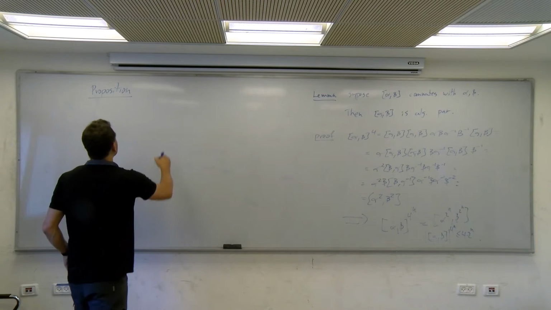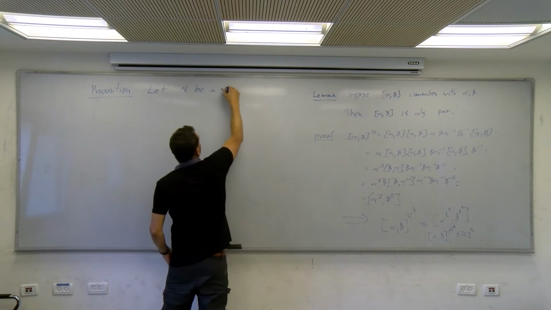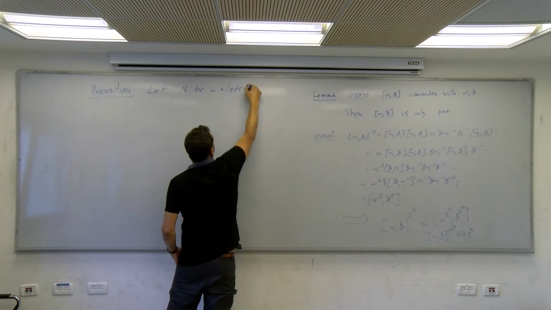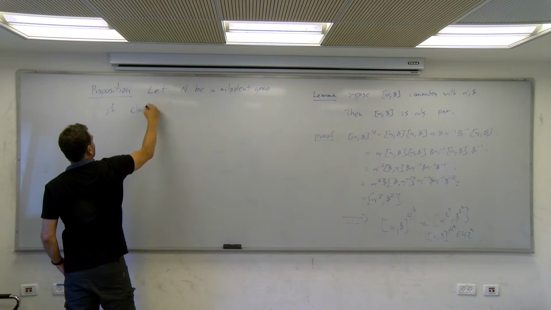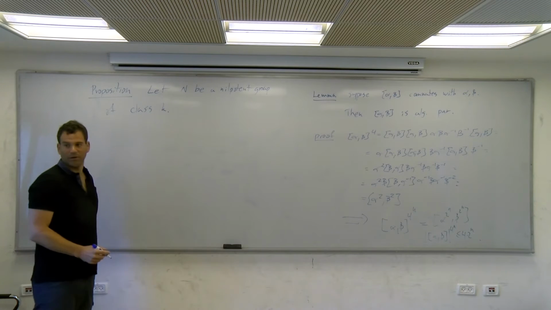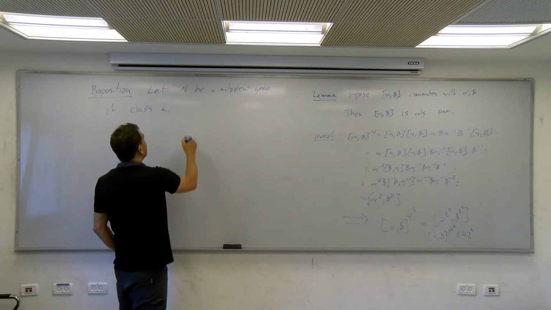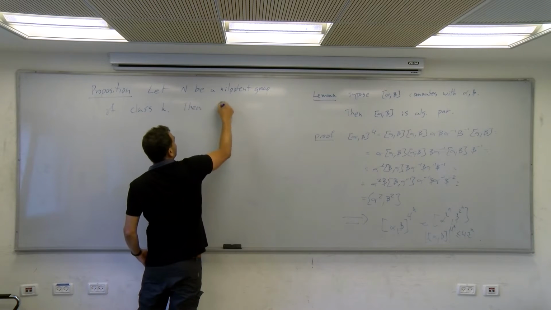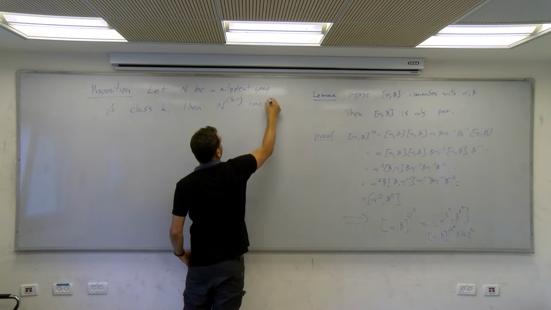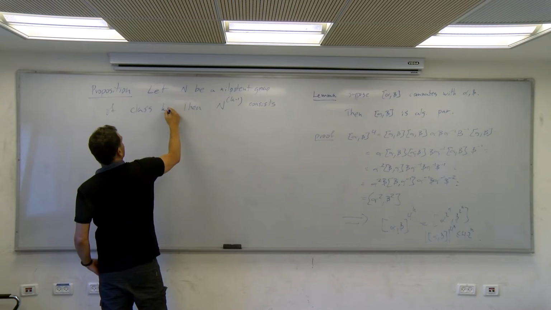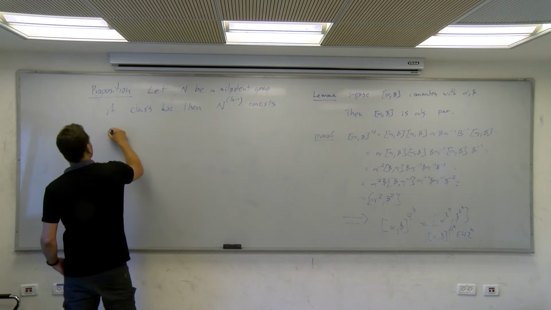And the proposition is: let N be a nilpotent group of class k, so k steps. I say here that k is bigger than 1. Then N to the k minus 1 consists of algebraically parabolic elements.